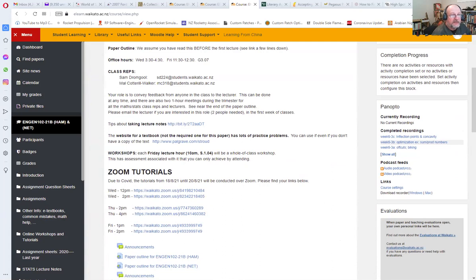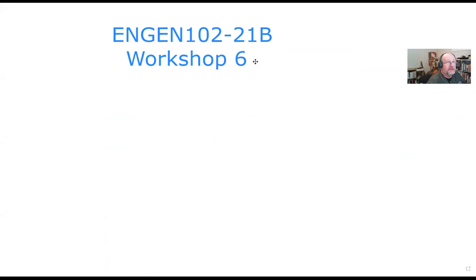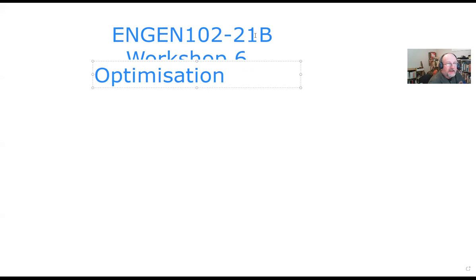But let's go back and talk about what we're talking about now, for this workshop: optimization. Optimization is one of the things that engineers actually do.